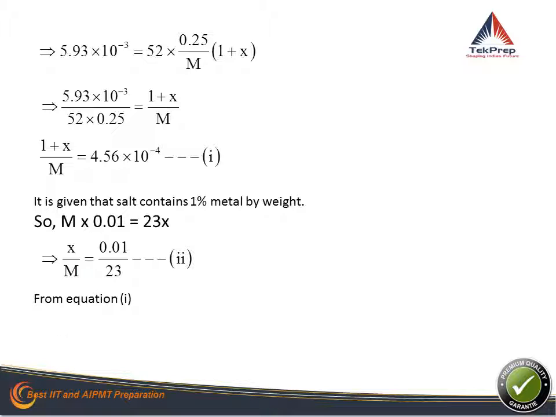Now look at equation 1 and equation 2. Equation 1 can also be written as 1 by M plus x by M equals 4.56 × 10^-4. Replacing the x by M value found in equation 2 in equation 1, let's see what we arrive at.